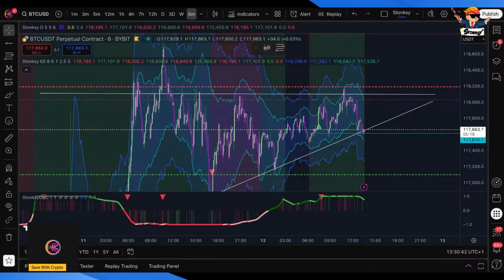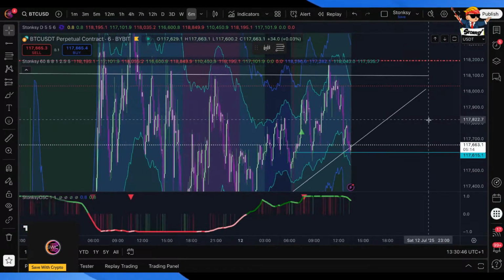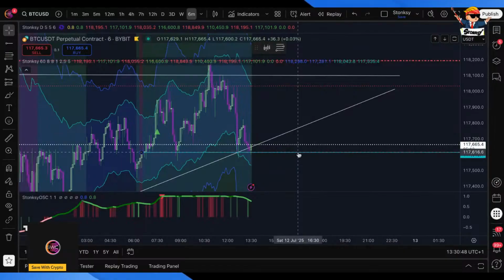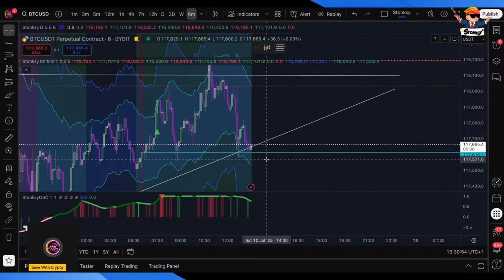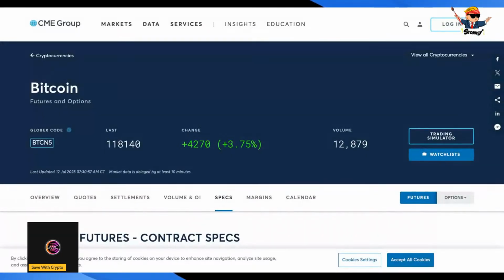That's not good. Okay, now the other thing I did draw on this chart was this blue line here. That was the entry. The other thing I did on some other chart, which I can't find at the moment, is I looked at the price of the CME close on Friday.